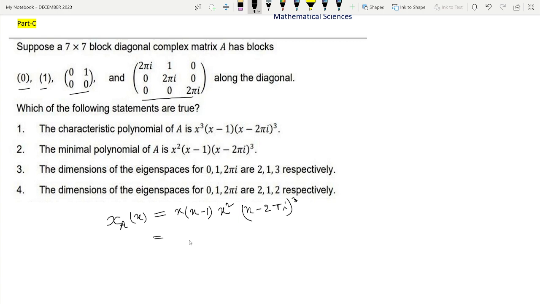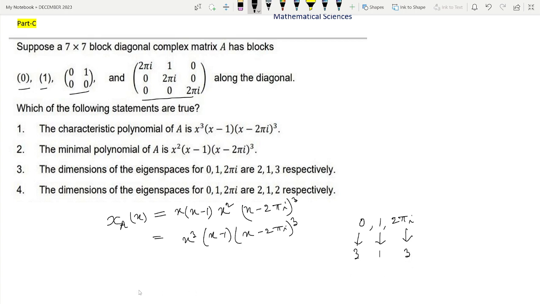Now we get x cube, x minus 1 into x minus 2 pi i whole to the power 3. So this is the characteristic polynomial of A. The eigenvalues are 0, 1 and 2 pi i. The algebraic multiplicity of 0 is 3, the algebraic multiplicity of 1 is 1, and the algebraic multiplicity of 2 pi i is 3.